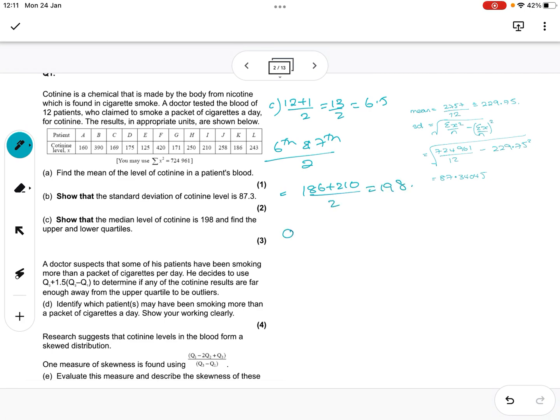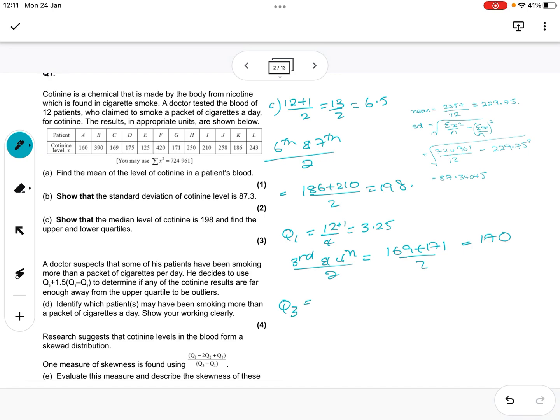And then to find quartile 1, that would be 12 plus 1 divided by 4, so that's 13 divided by 4, which is 3.25. So you need the 3rd and the 4th terms divided by 2, which gives you 169 plus 171 divided by 2, which is 170.